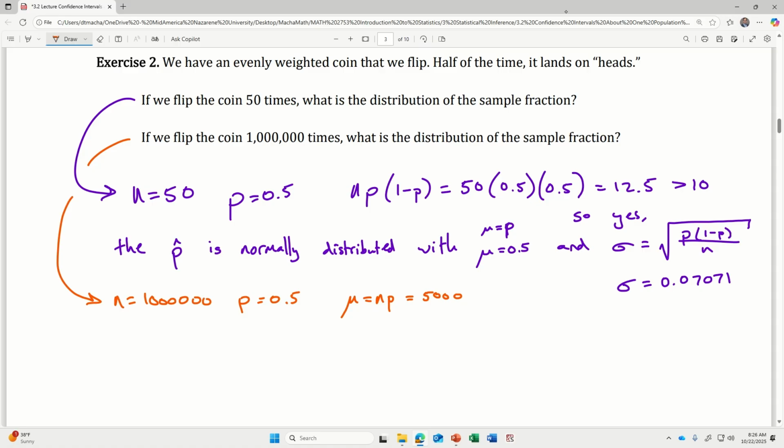So now here in orange, we are talking about the case where we're flipping a coin 1,000,000 times. What's the distribution of the sample fraction? Well, the mean of the sample fraction is not n times p. It would just be p, which for a fair coin would be 0.5. And then the standard deviation is going to be the square root of p times 1 minus p divided by n. So that's the square root of 0.5 times 1 minus 0.5 divided by 1,000,000.